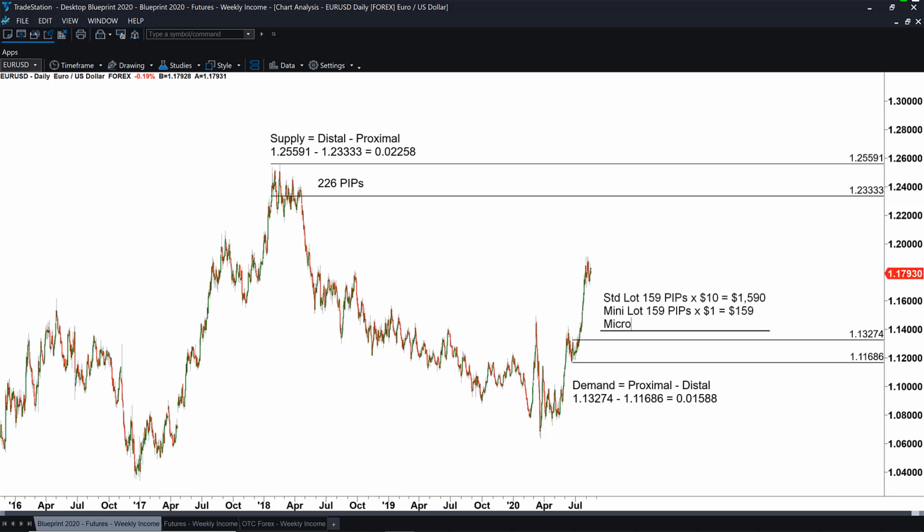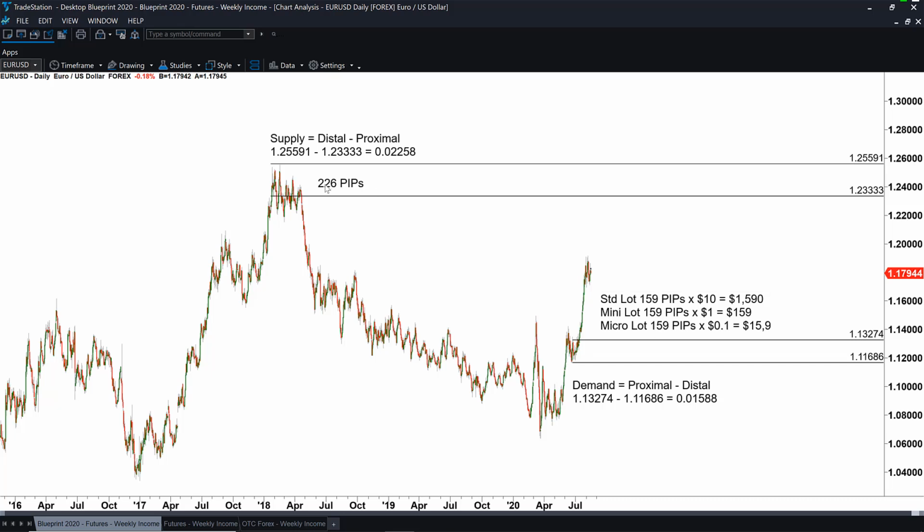Maybe this is still too much in the beginning. So we could be trading micro lots. With micro lots, it would really be 10 cents in terms of pip value, meaning I would only risk $15 and 9 cents. Okay, and the same would apply for the supply.